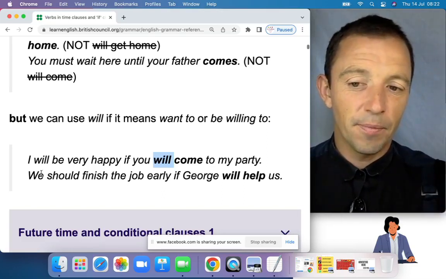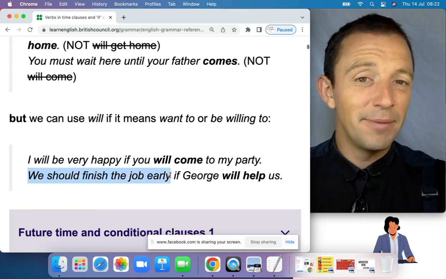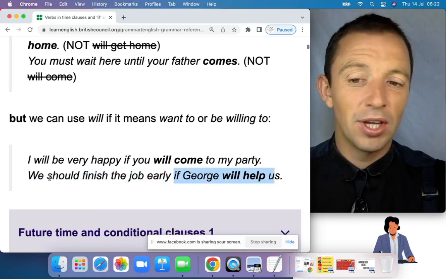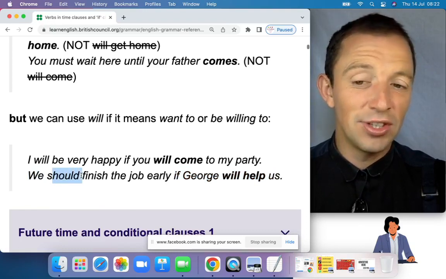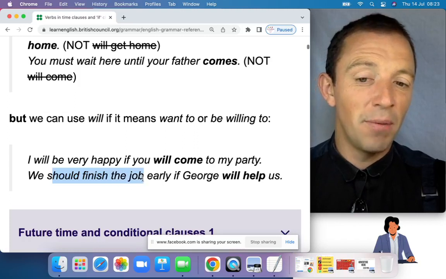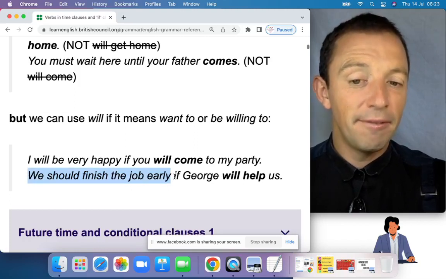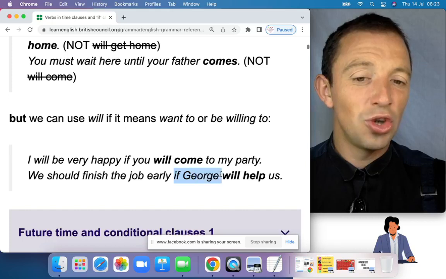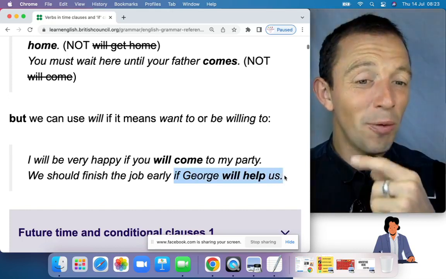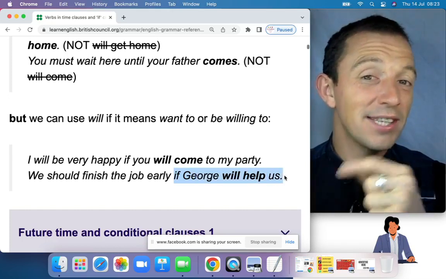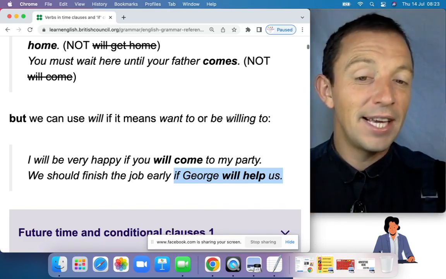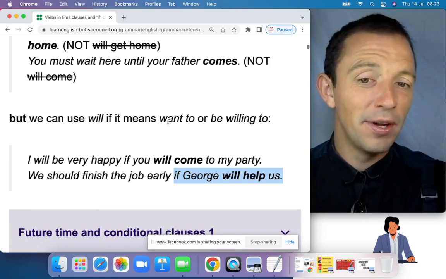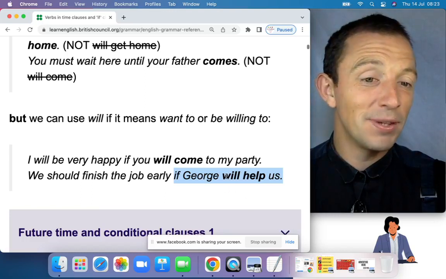Next, we should finish the job early if George will help us. We is the subject, should is the modal, recommendation or suggestion, finish is the next verb, the job early. If conditional clause, George helps us. Normally it's the present to express the future, but it is possible to use will if he is willing, content, motivated, happy to help, or wants to help, and therefore this represents that.